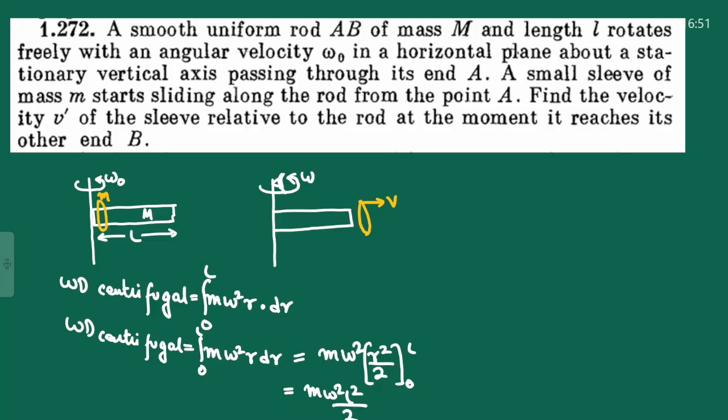Now, what further equations can I apply out here? Can I apply the work energy theorem between these two points? Let's apply the work energy theorem. What is the work energy theorem? Change in kinetic energy.